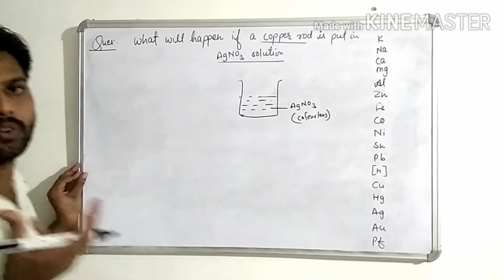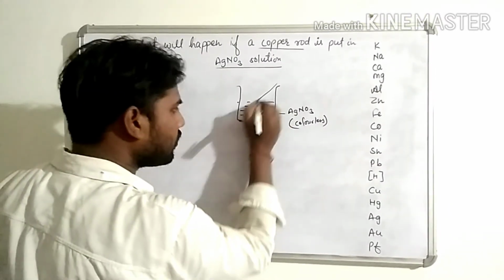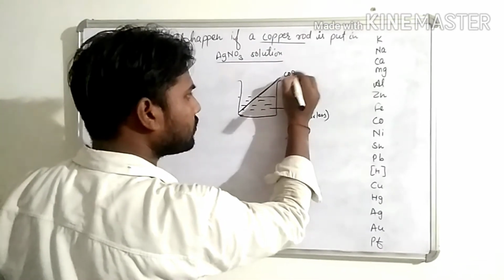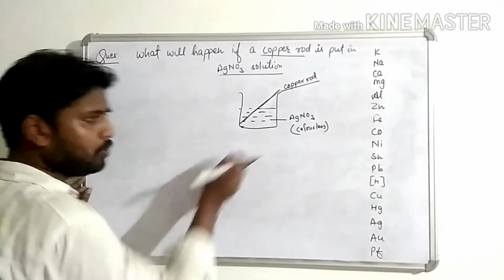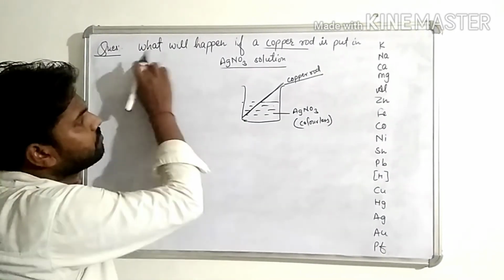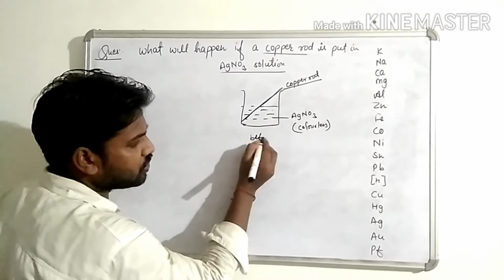Is it always found colorless, children? If we put a copper rod, suppose this is the copper rod, in silver nitrate solution, what do you observe? What will happen? Clear, children? Before a reaction.